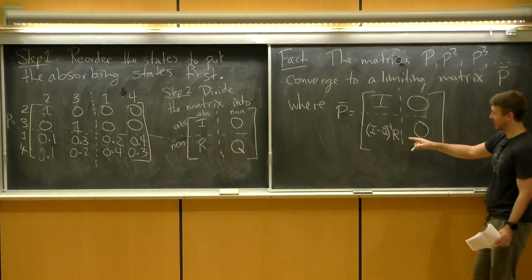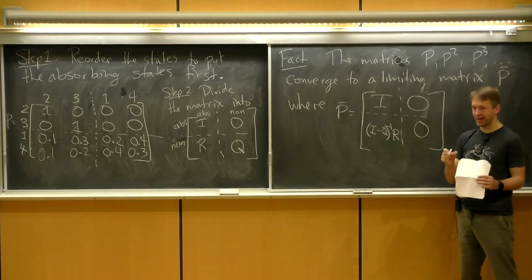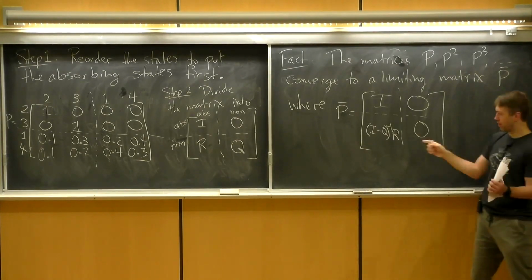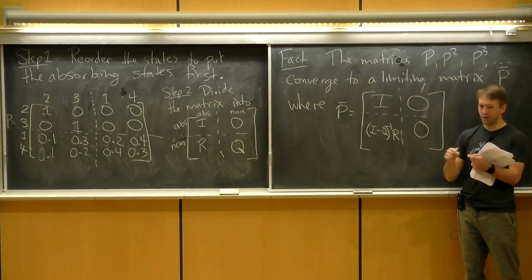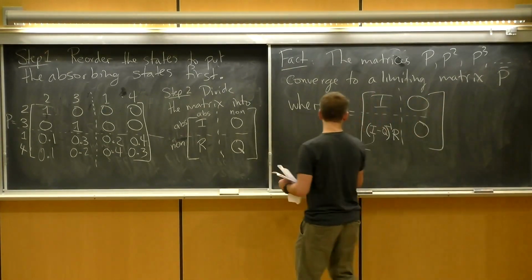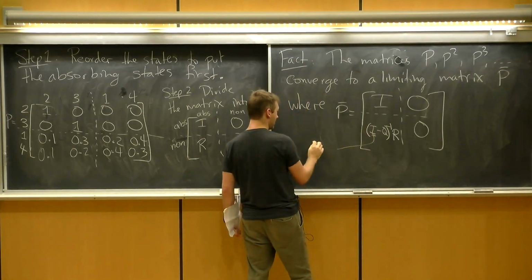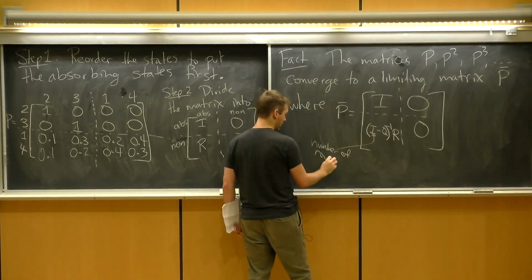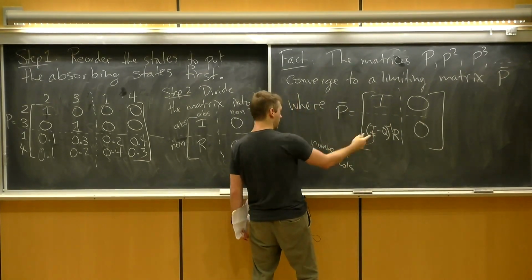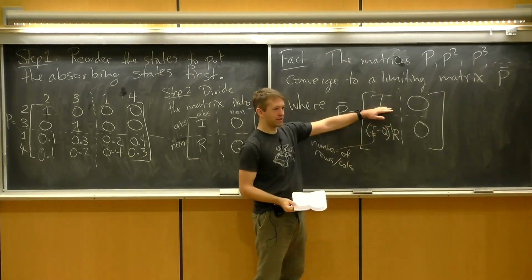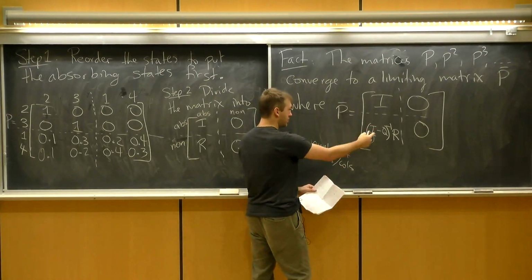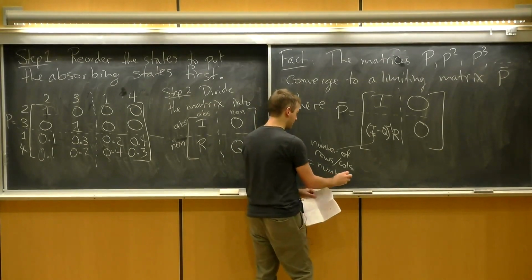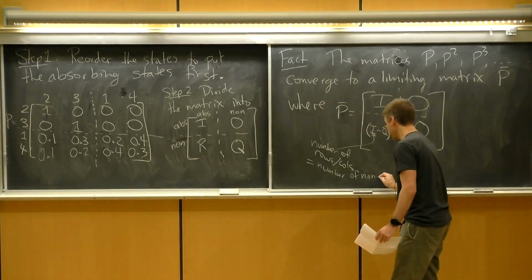We'll do this in this example, but what you want here is to take the identity matrix, which is just the matrix with ones on the diagonal. Here, I'm not really telling you how big these matrices are, but for this one, the number of rows and columns is equal to the number of non-absorbing states.